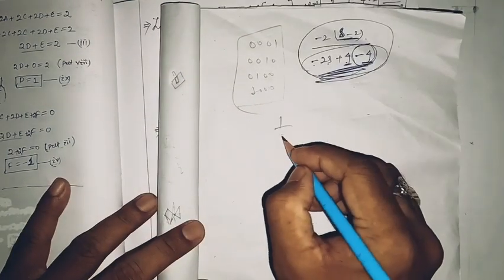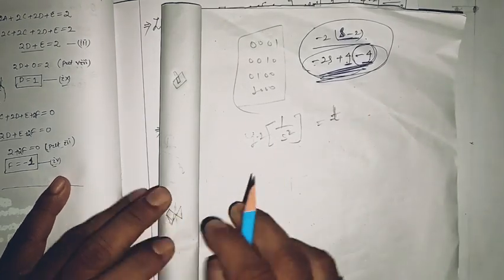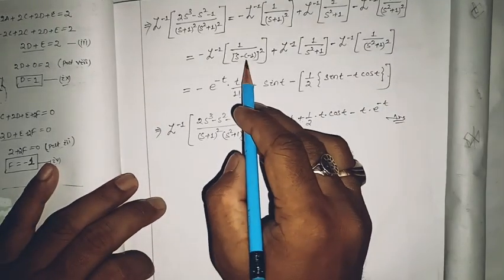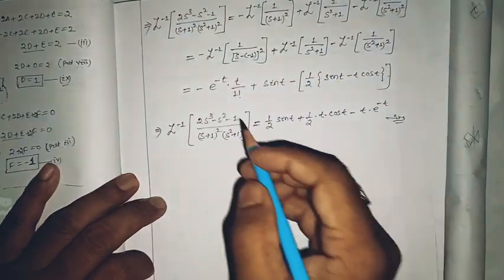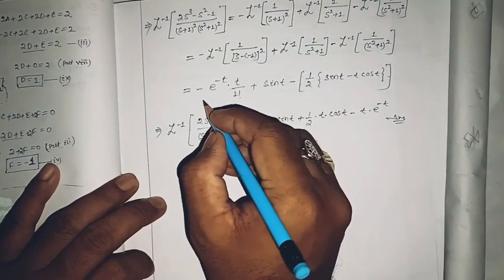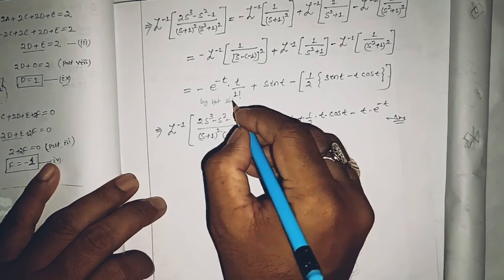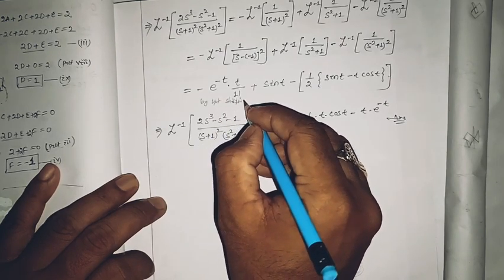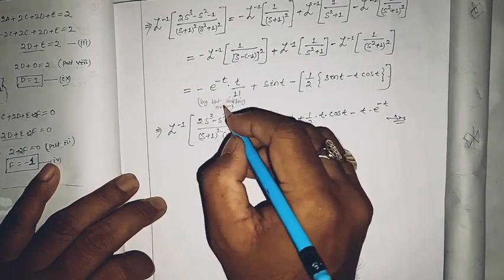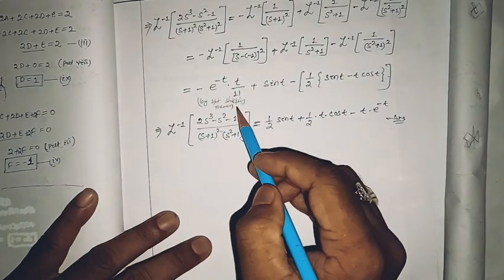We know that the inverse Laplace transform of 1 by s square is nothing but t by 1 factorial, that we know. But as s minus of minus 1 is there, by the first shifting theorem, this value will be multiplied by e to the minus t.